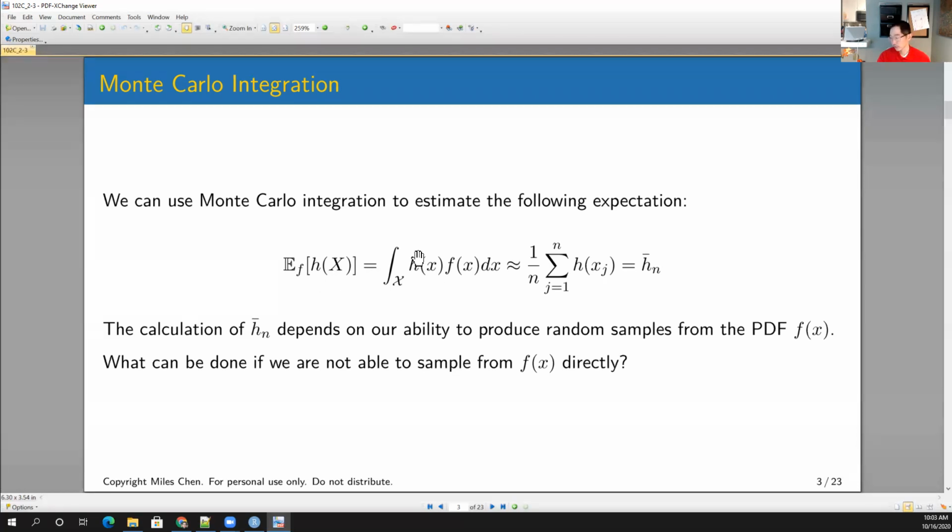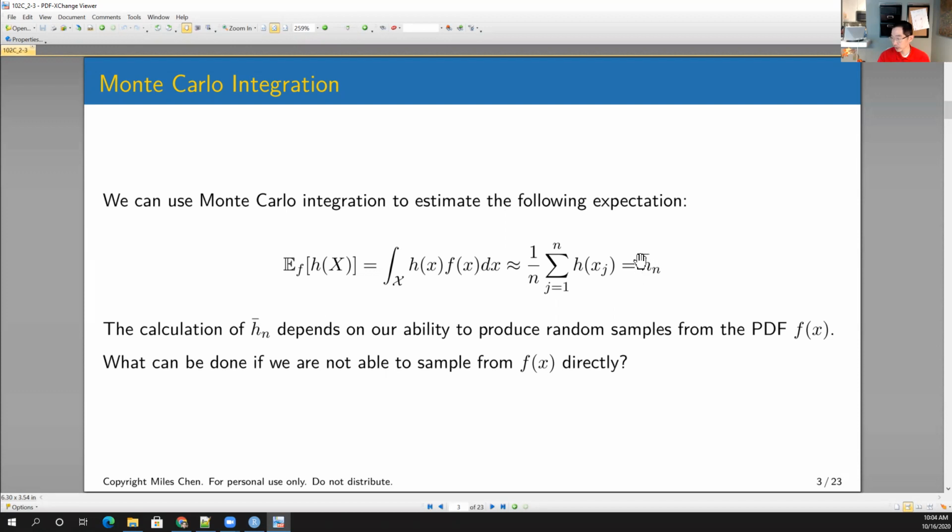That's equivalent to the integral of h of x multiplied by f of x dx. We can estimate that by drawing a bunch of x's from f, applying h to all of those x values, and taking the sample mean.